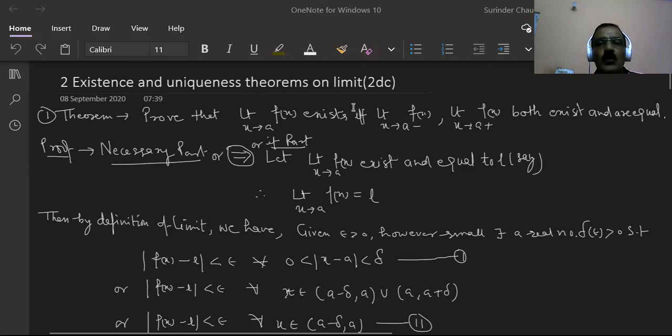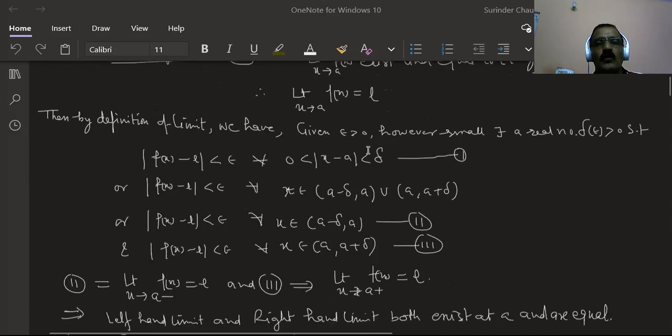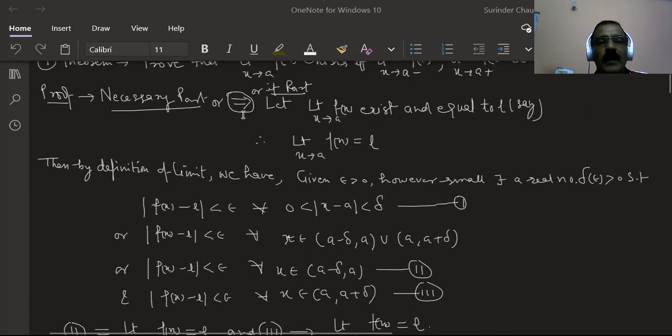Necessary part means we'll assume that the limit of the function at a point exists. Then we'll show that the left limit of the function at that point exists, as well as the right limit at that point exists, and both the limits are equal. So we are proving the necessary part, the only if part.